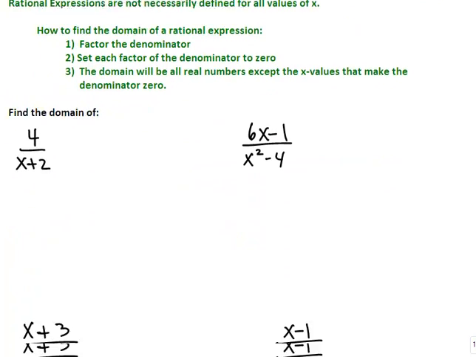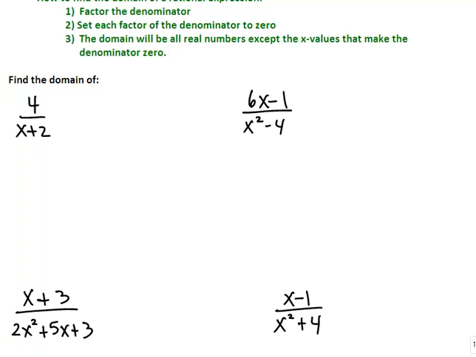So for example, if I have 4 over x plus 2, we have x plus 2 in the denominator. Now that doesn't factor any further. It's already a linear factor, so we don't have to worry about step 1. All we have to do now is take that denominator, set it to 0, and find where that denominator might become 0.